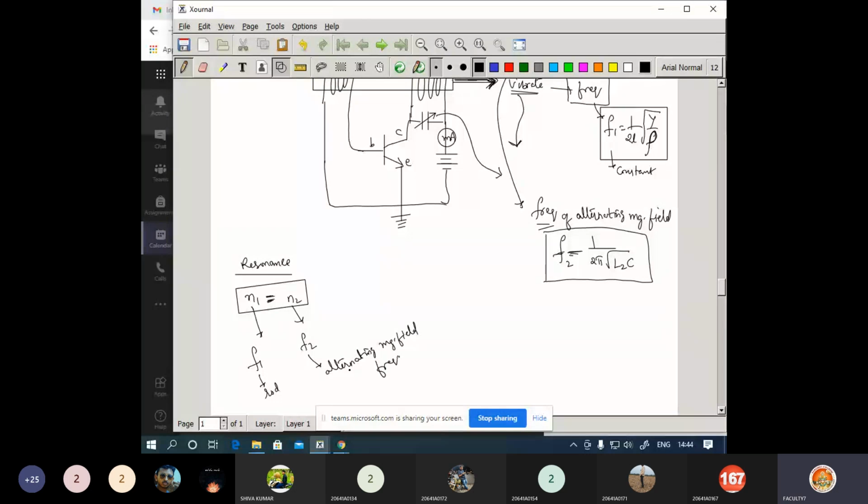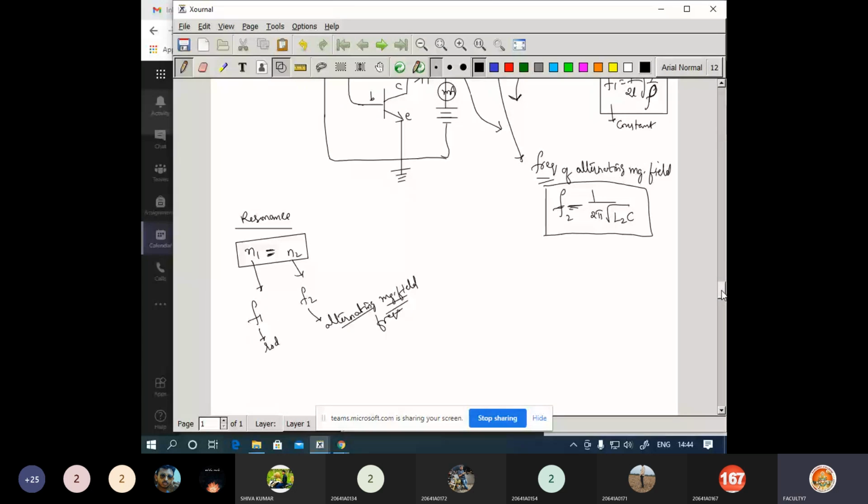So this is going to create the vibrations. Those vibrations can be varied. You can increase or decrease the frequency of the vibrations, depending on the capacitor.